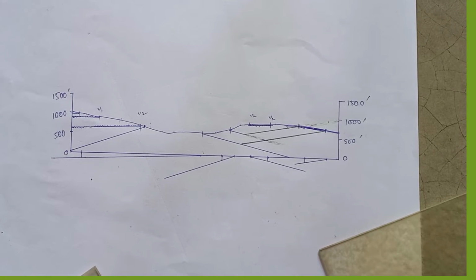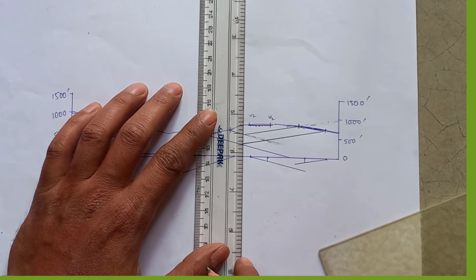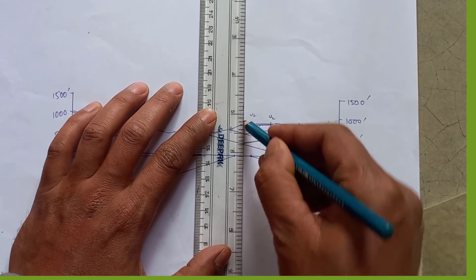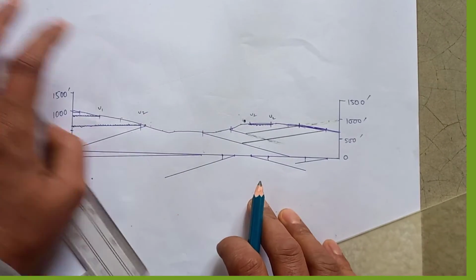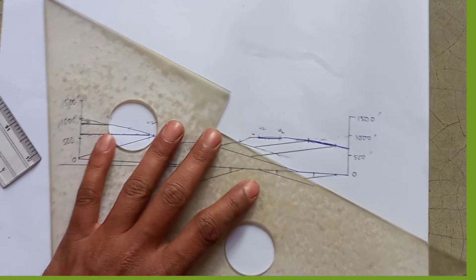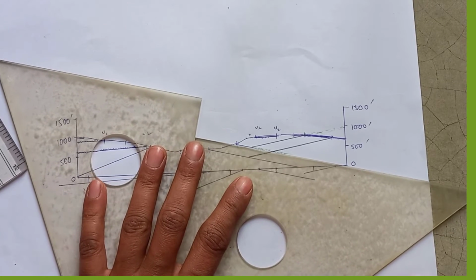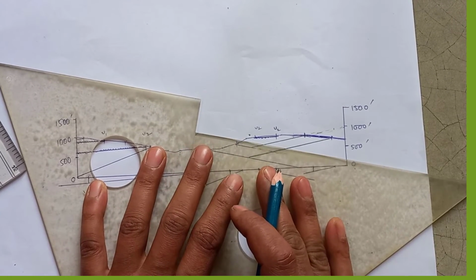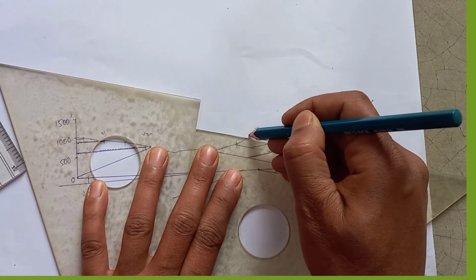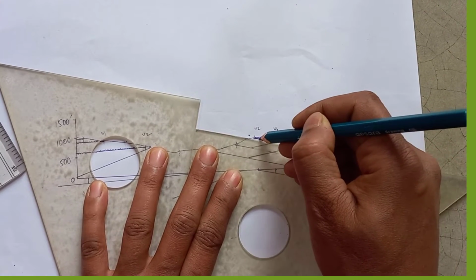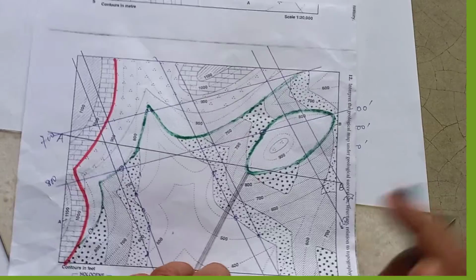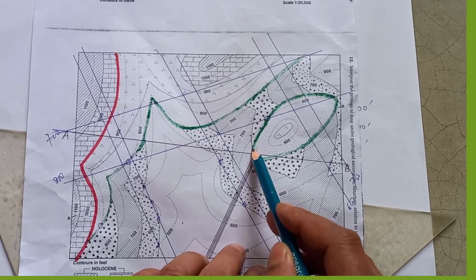So 300 means 0.3. So this is the bedding line, and you just mark this 0.3, it just disappears along the unconformity line. You see here this bed disappears along the unconformity line.